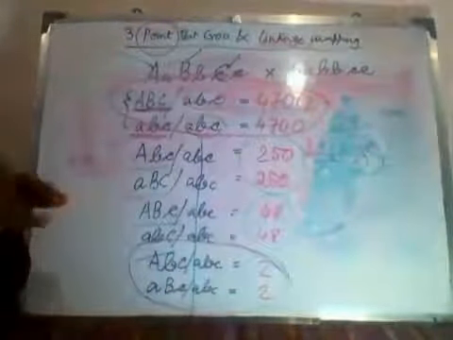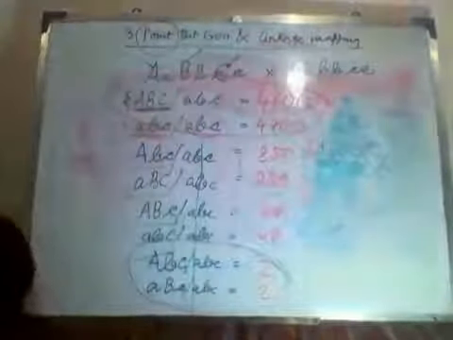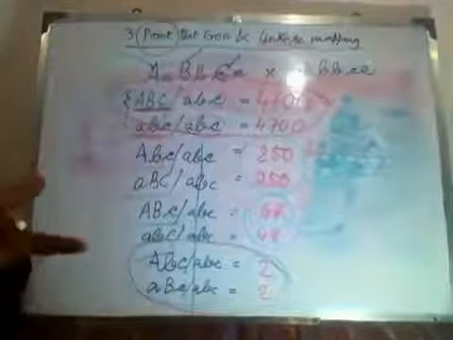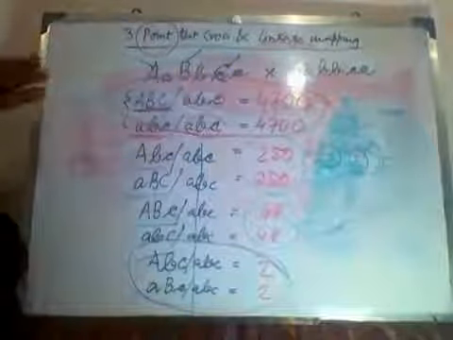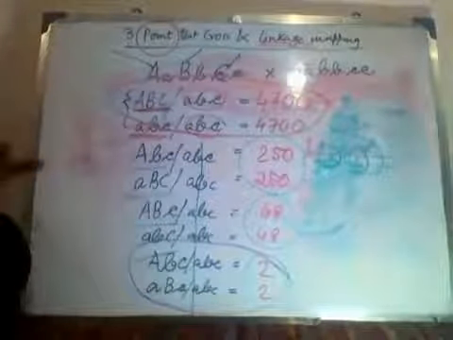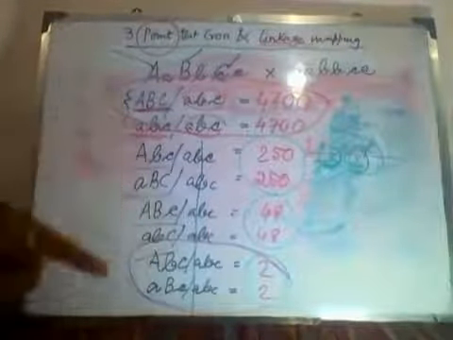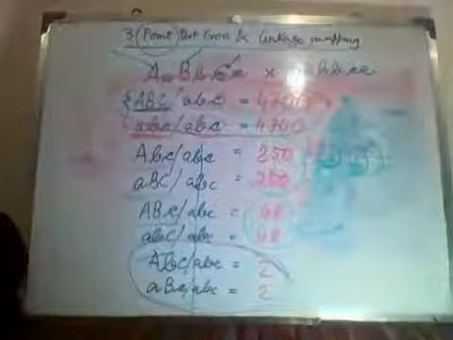Now, if we assume that there is no crossing over interference, meaning this crossing over is independent of this crossing over, then the logic is, if this is a probability and this is also a probability and these two events are totally independent, then the probability of the joint occurrence of these two events is simply the multiplication of the two probabilities, right?